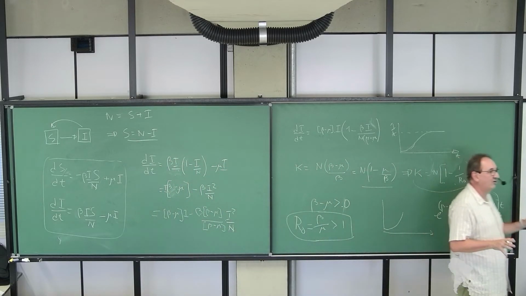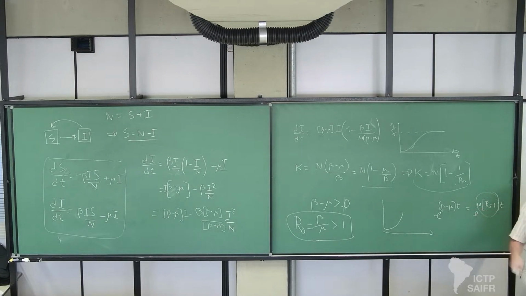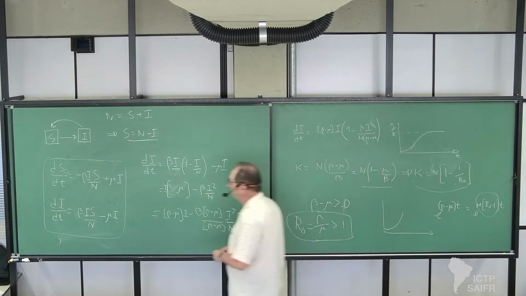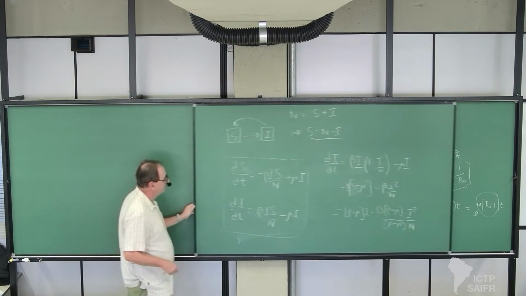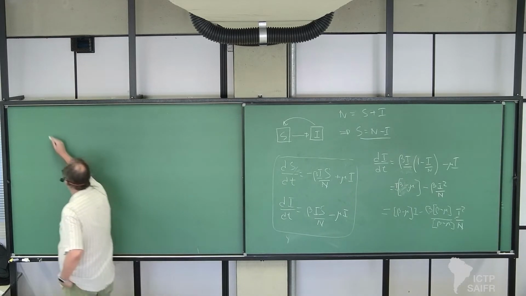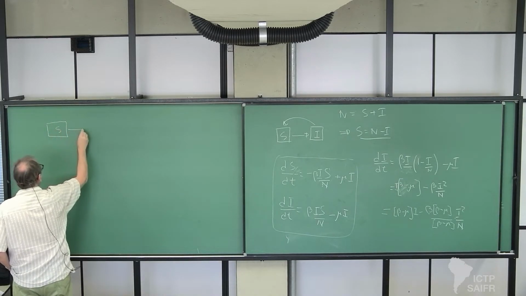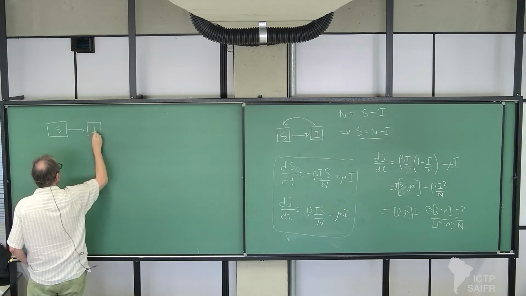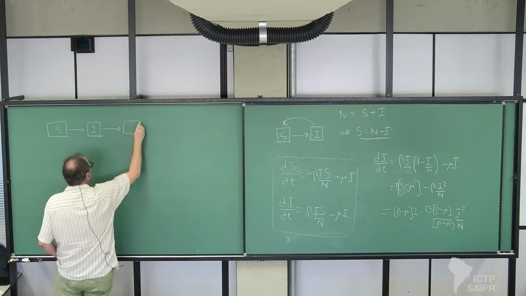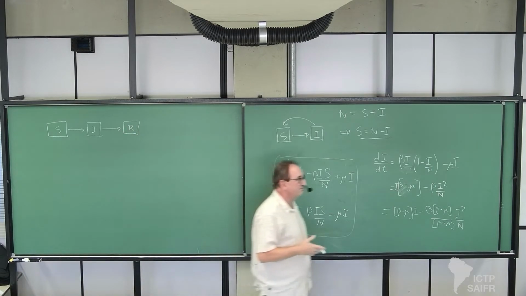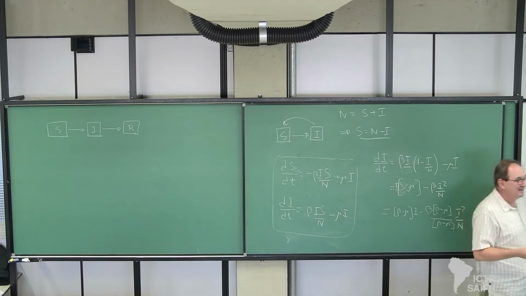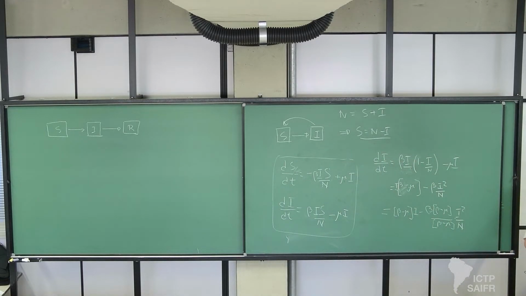Now let's move to the SIR model, which is most of the time the simplest model that can be applied to have general ideas for a certain number of diseases.